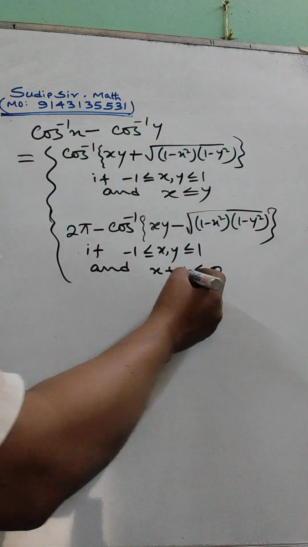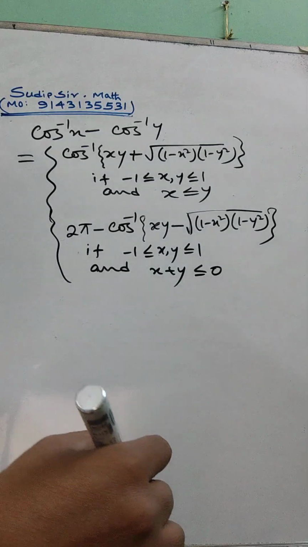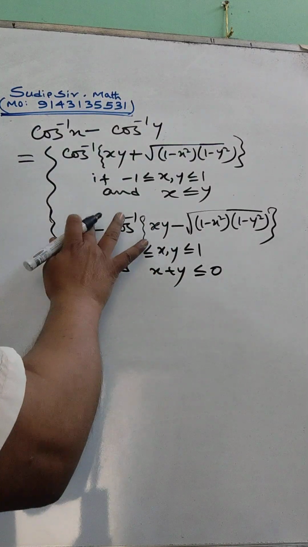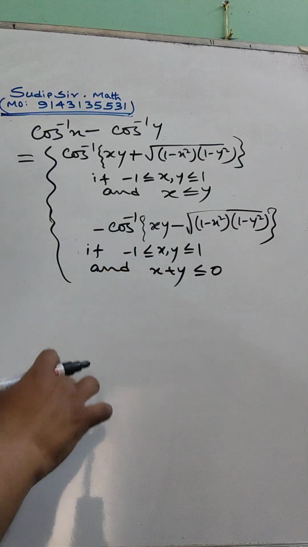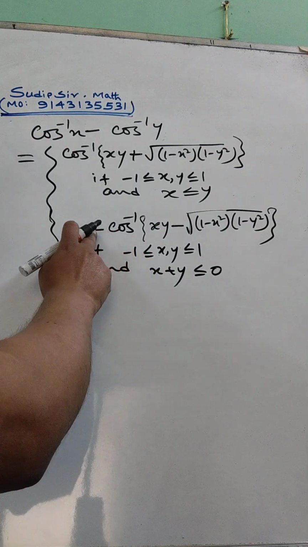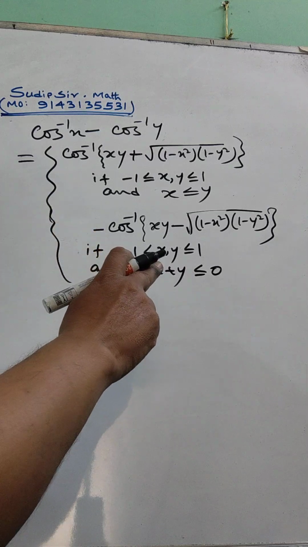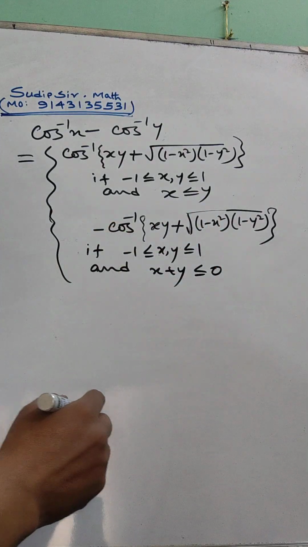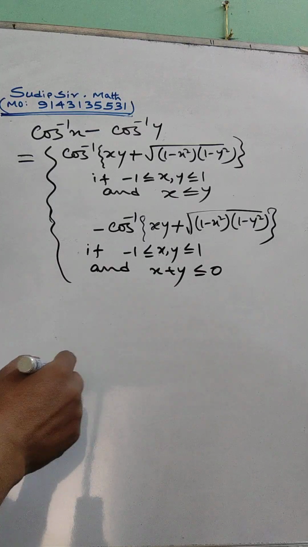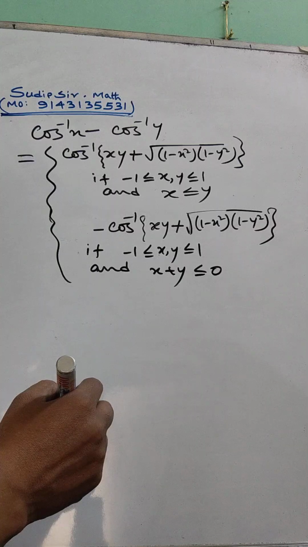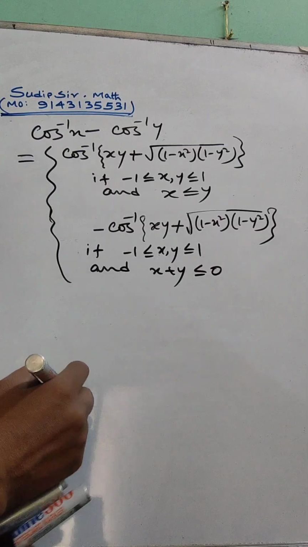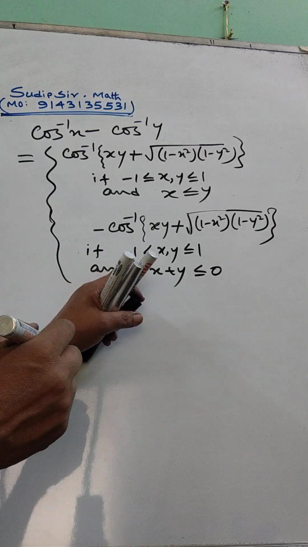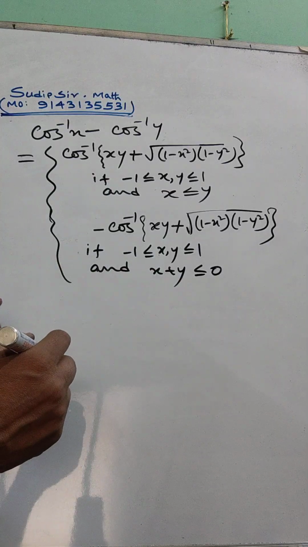Another thing, this part will be only minus cos inverse xy plus root over 1 minus x square, 1 minus y square, and validity has to be checked.